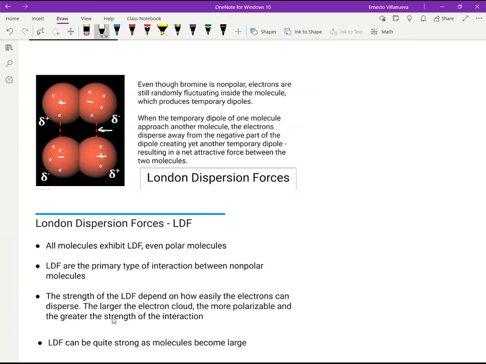Now, the strength of the LDF is going to depend on how easily the electrons can disperse, meaning how easily these electrons can shift in this direction. That's going to depend on the size of the cloud. A bigger electron cloud is going to allow for a bigger dispersion of electrons.